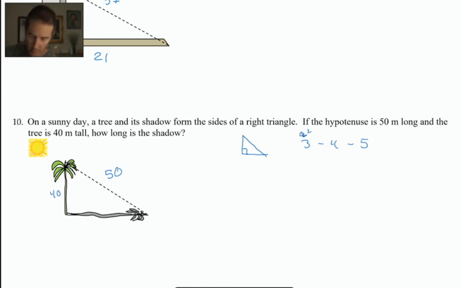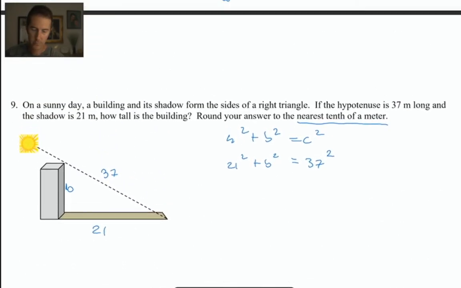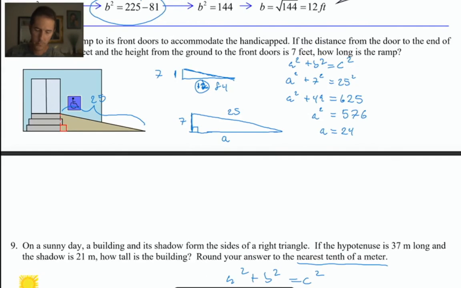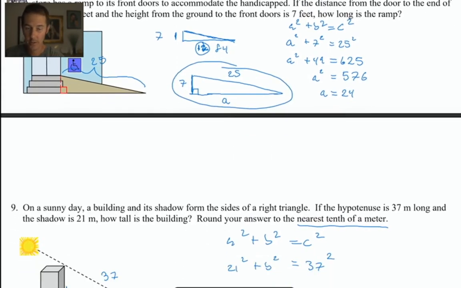A squared plus B squared would equal C squared. These are A, B, and C values that I'm giving you. There's also the 5, 12, 13 triangle. There's the 7, 24, 25 triangle.